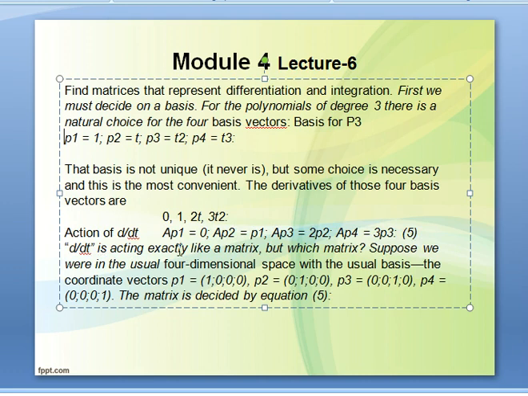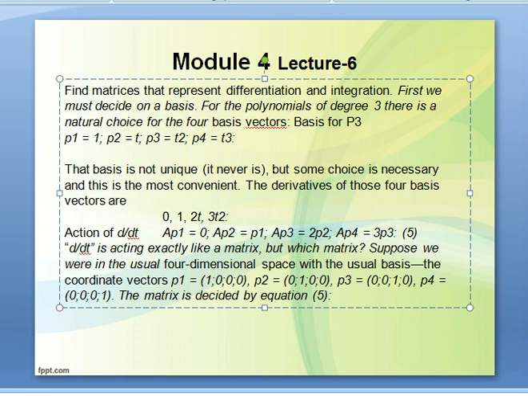Now d by dt is acting exactly like a matrix, but which matrix? It is a 4-dimensional space, because we have 4 terms here. So let's consider a 4-dimensional matrix whose bases are an identity matrix. In 2 dimensions, x and y, it would be 1 0 and 0 1. In 3 dimensions, it would be 1 0 0, 0 1 0 and 0 0 1.